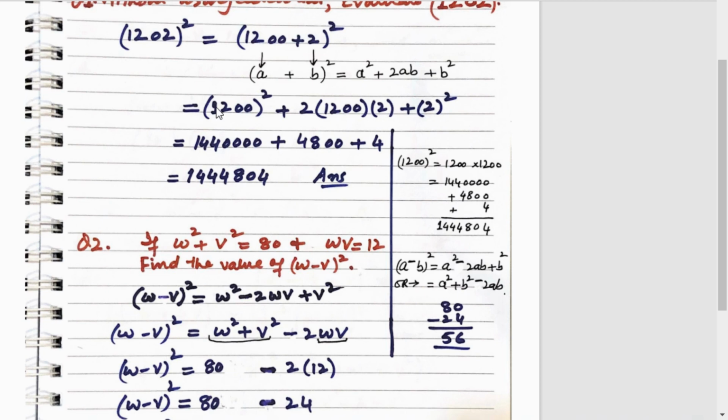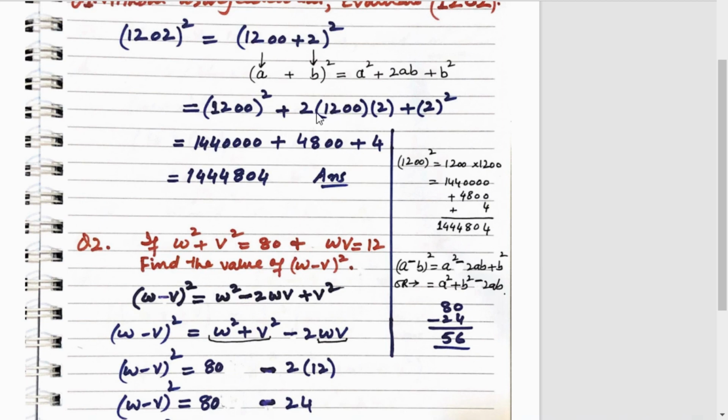Again, open 1200 square. Now you should know how to open it. 1200 into 1200: 12 12s are 144, and 4 zeros along with it. Multiplication of friendly numbers is very easy if you know tables. You should learn tables because a calculator is not allowed in these questions. If it is allowed, it would be very simple to do this simplification.